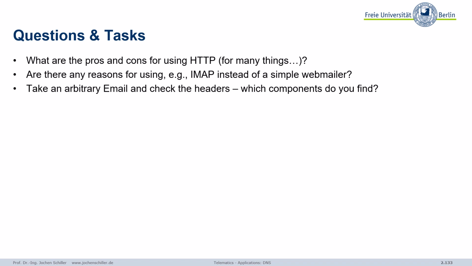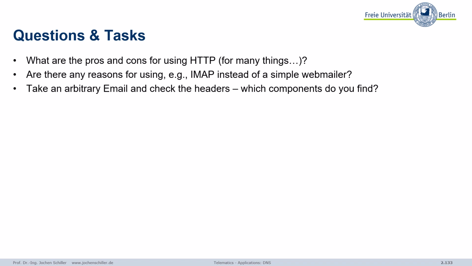But you can also use HTTP. What are pros and cons for using HTTP for so many different things? And, well, are there still reasons remaining why I should use IMAP at all? I mean, I have a webmailer, so why use IMAP? With a webmailer, I can do everything, or can I?